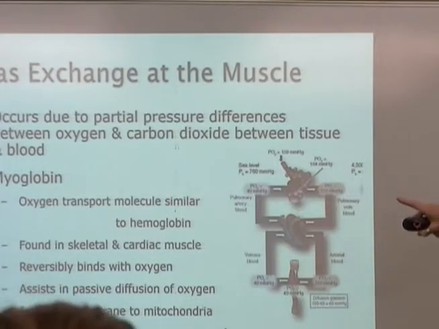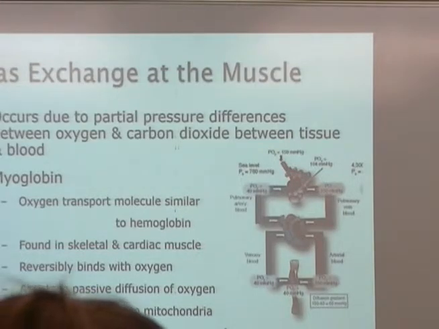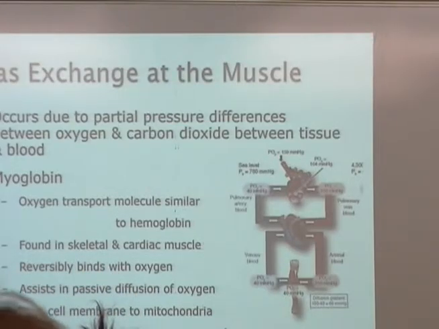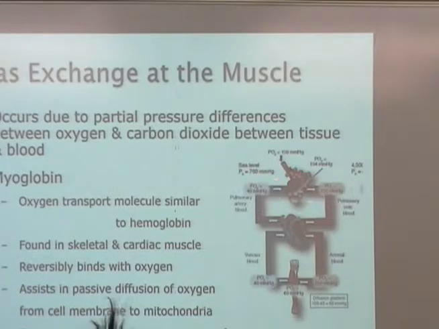So, partial pressure differences between oxygen and carbon dioxide at the lung and the blood and the tissue, because we need to be able to move them not just in and out of the lung, but in and out of the muscle. So here's my diagram again. Here's my 100. I'm still at 100.